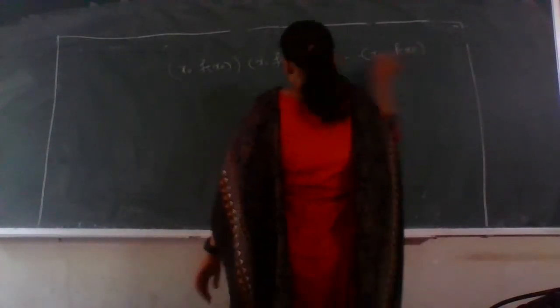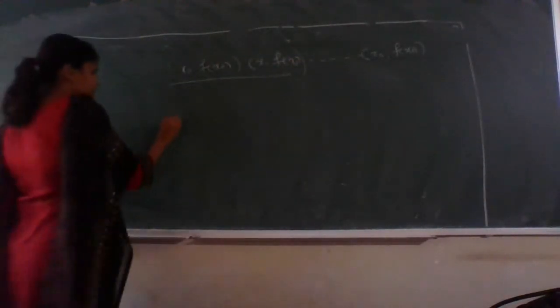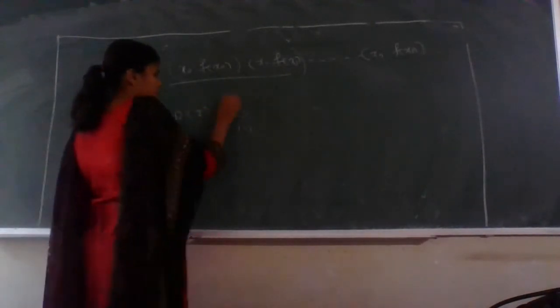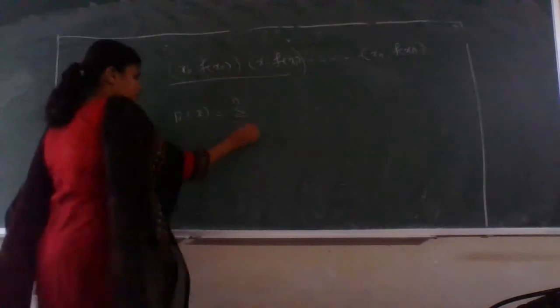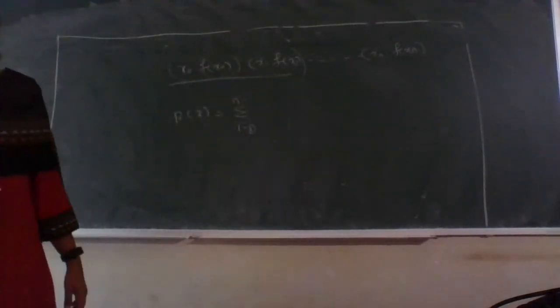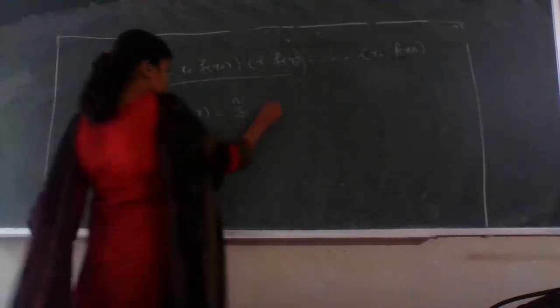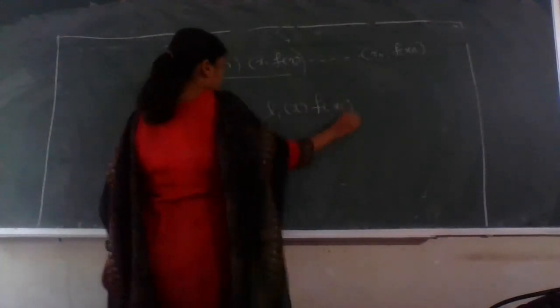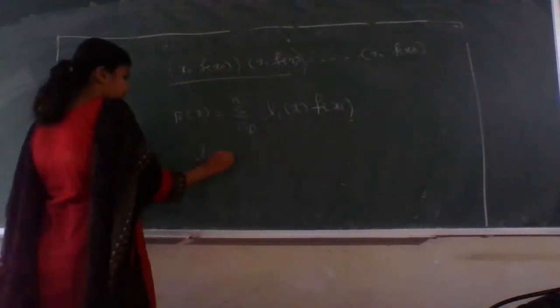Just now we have written only for these 2 points. Now we have to generalize the concept and we want to write down the polynomial. P of x is equal to, we can write it as summation over i runs from 0 to n Li of x into f of xi. Okay, in this case, what is Li of x?